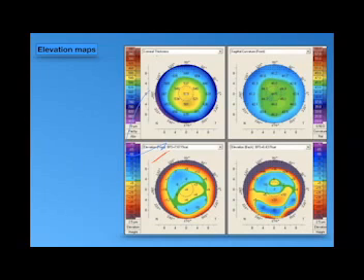If we have any abnormality in the elevation map, we have to think whether it is really abnormal, or there are other factors affecting this map display.